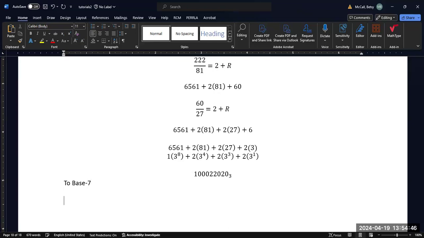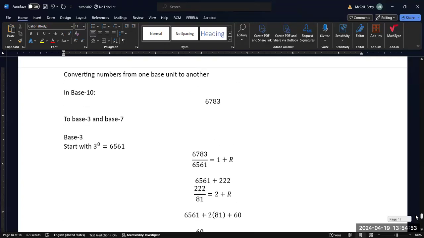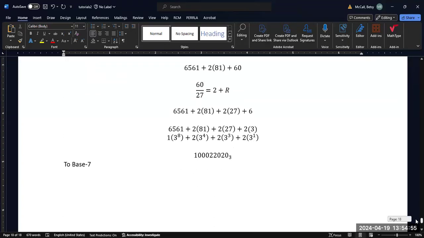So I'm looking for the number, my original number was 6783. I'm looking for the largest power of 7 which is still less than 6783. So 7 cubed is 343. 7 to the 4th is 2401.